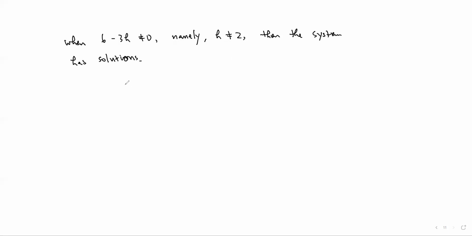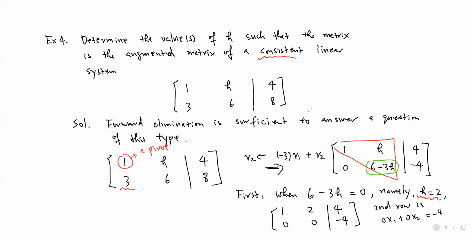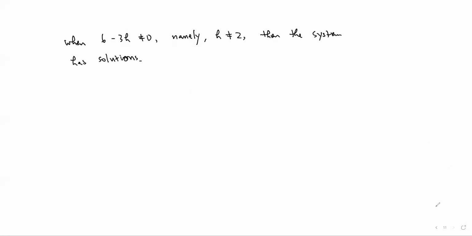The linear system, let me copy this upper triangular matrix here. 1, h, 4, 0, 6 minus 3h, negative 4. Now, this number is non-zero.